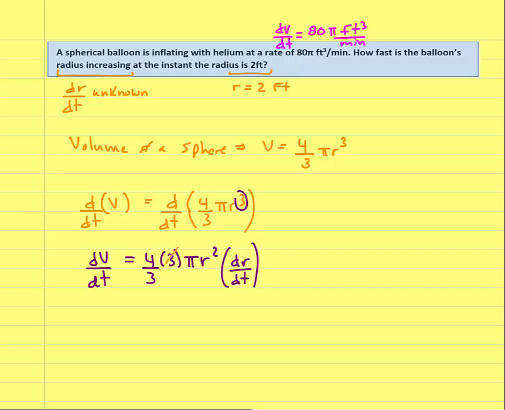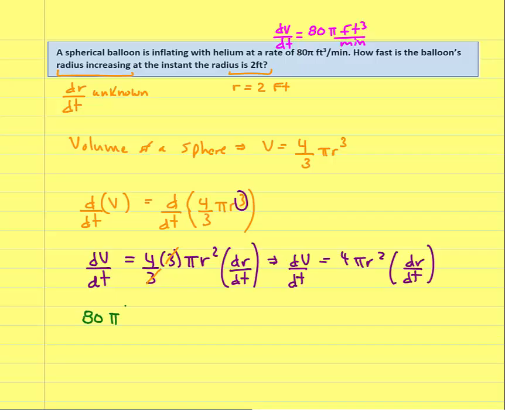Well, I have some canceling that occurs here, so that's nice. And then I can either plug in or I can solve for dr/dt right now. I'm going to rewrite first and then probably solve. So I have 4 pi r squared dr/dt. So plugging in, I know dV/dt up here was 80 pi.